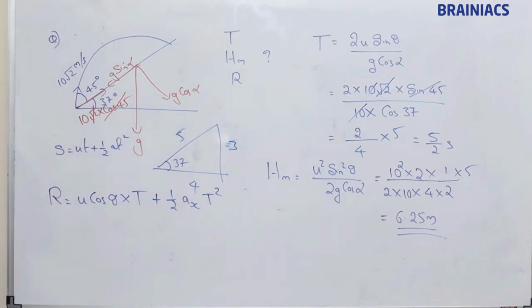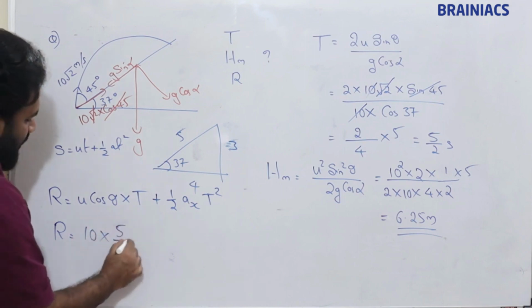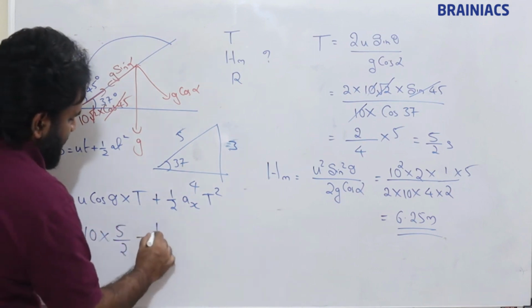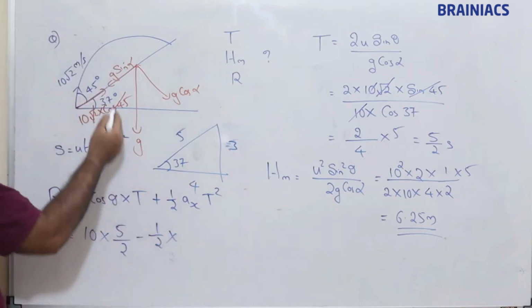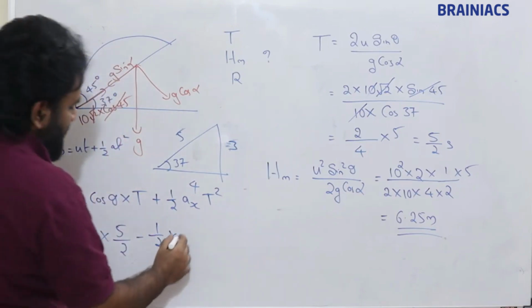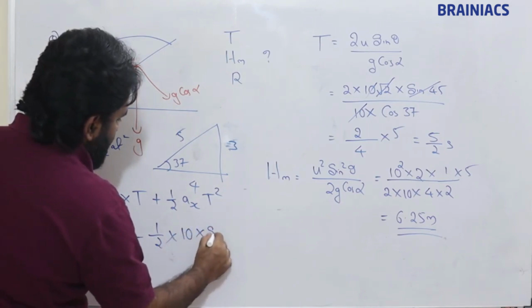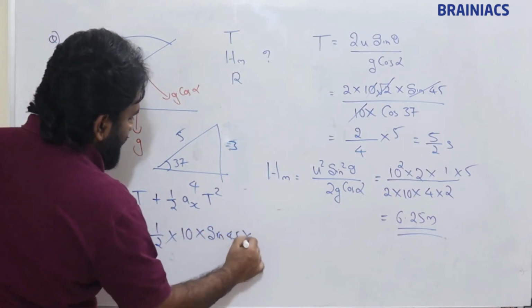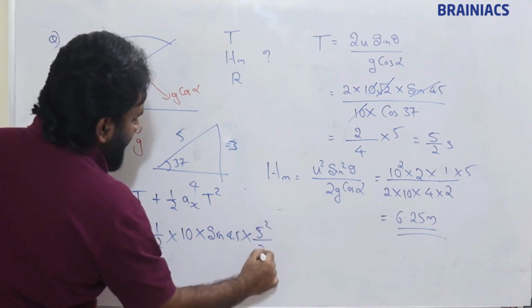Making proper substitution, R is equal to u cos theta is 10, time of flight is 5 by 2 minus half into G sin alpha, G is 10, sin alpha is sin 45, into 5 square by 2 square.